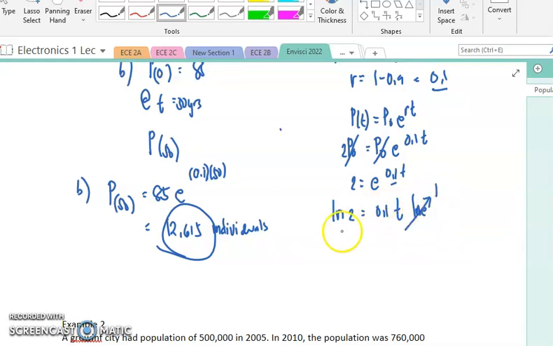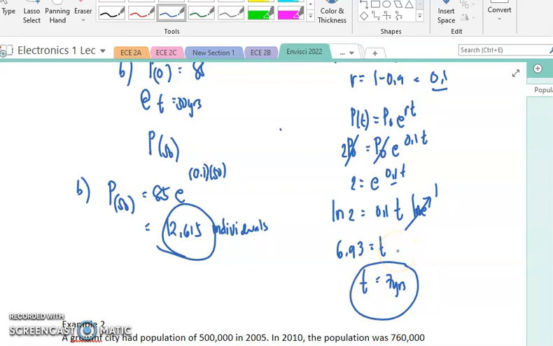So this is equal to 1. And that is ln 2 divided by 0.1, which is 6.93, equal to t. Or the time now is almost equal to 7 years.